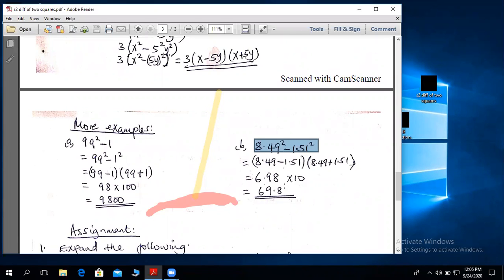So finally we get 6.98. If you have a calculator there, confirm this. 8.49 minus 1.51. Does it give you 6.98 times this one? The answer is 10. So finally, our answer is 69.8.